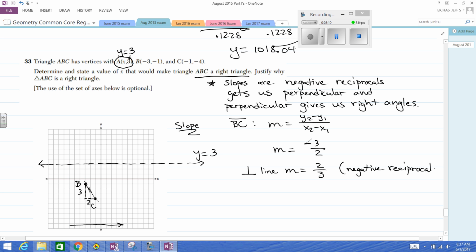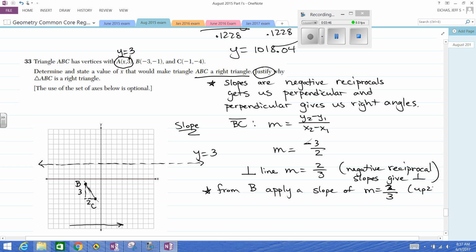Now remember, we're shooting for 4 points. We want to really justify what we're doing the whole way, and not leave any room for somebody to score it less than 4 points. So that's why we're doing all this. Negative reciprocal slopes give perpendicular. So from B, apply a slope of 2/3.